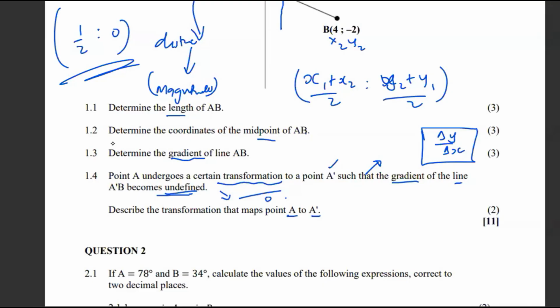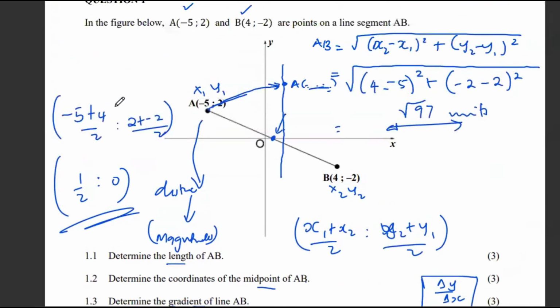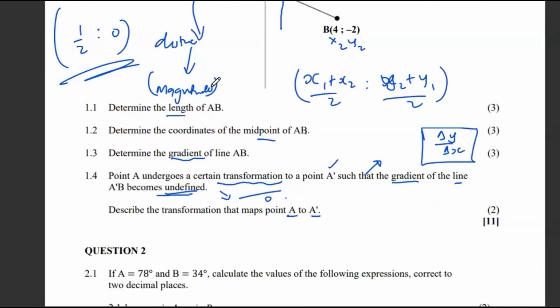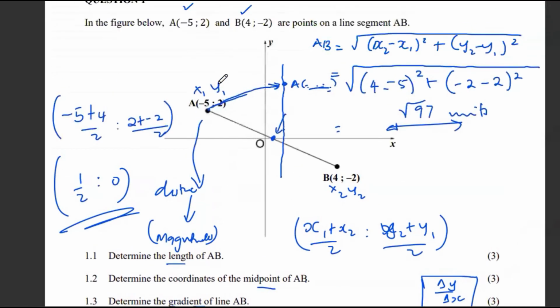if ever we move A a certain number of units, what is it going to give us? Remember, they say that to be undefined, meaning that we need to move for it to be in this format.